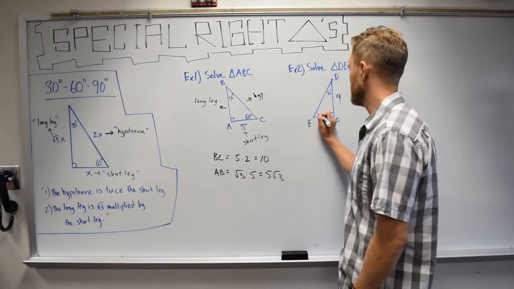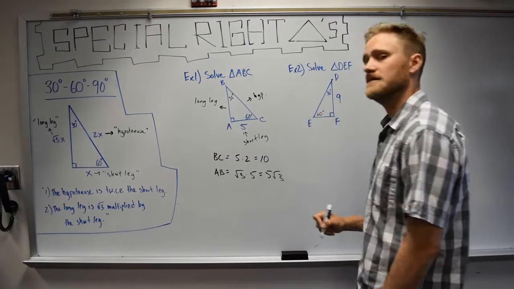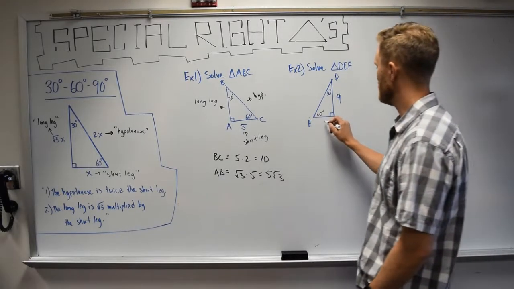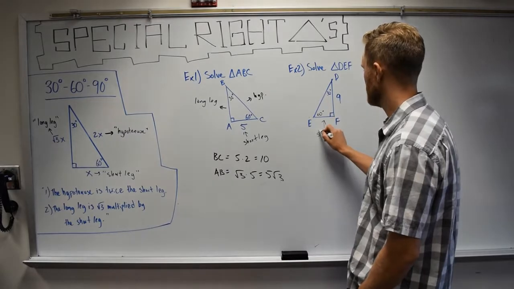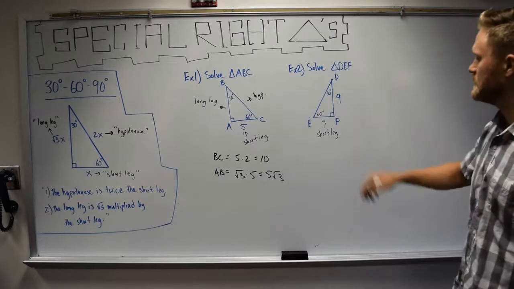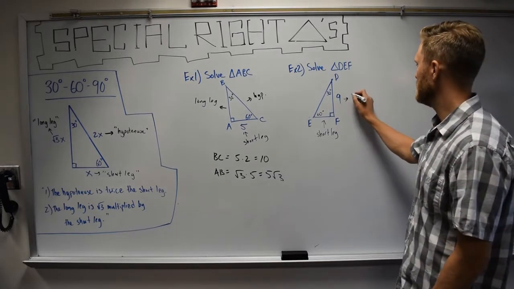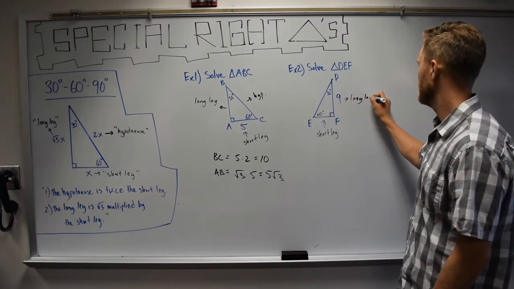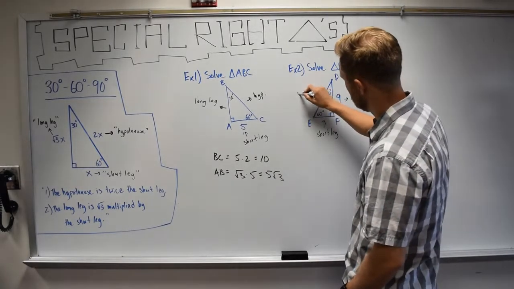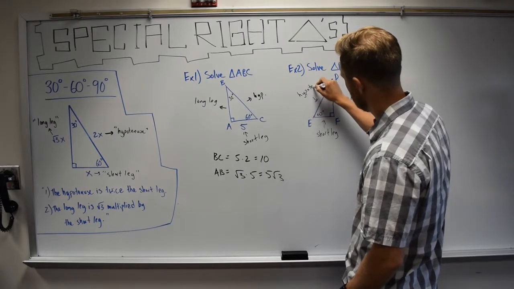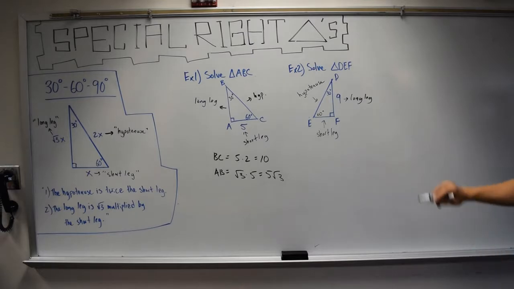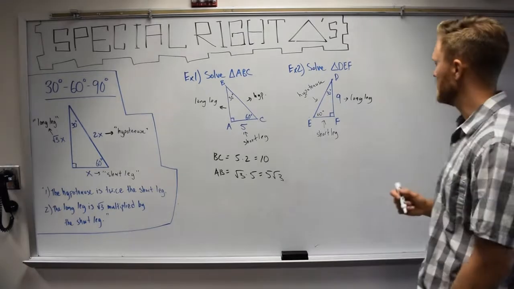So I know that this has to be a 60-degree angle, and we have a 30, 60, 90 triangle. The side opposite the 30-degree angle is going to be the short leg. The side opposite the 60-degree angle is going to be the long leg. And then the remaining side is our hypotenuse.